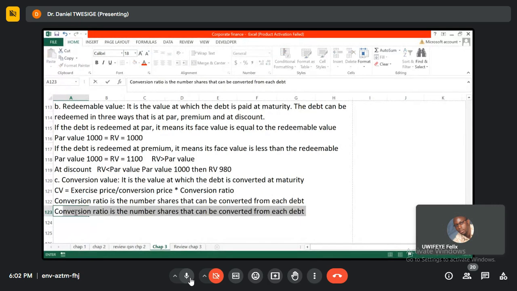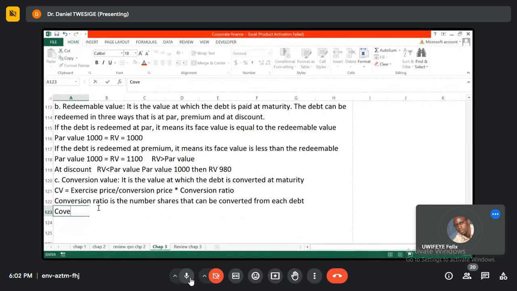The conversion ratio is equal to par value divided by the exercise price. The par value of the debt divided by the exercise price, then you can get the conversion ratio.